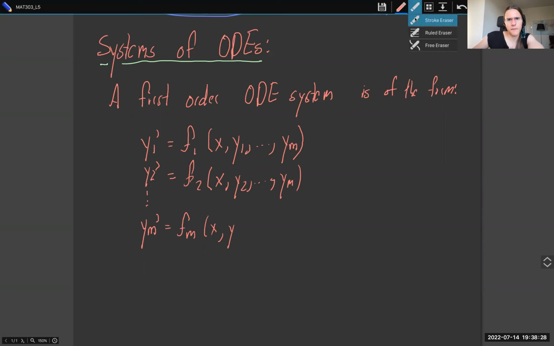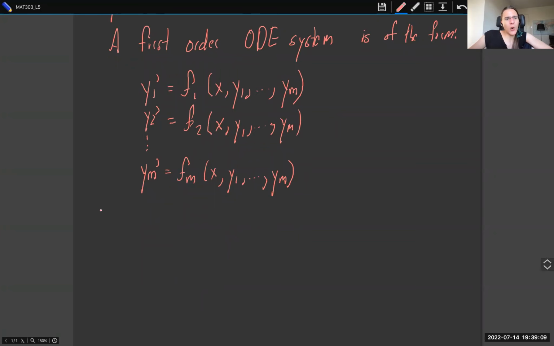And so in general, you can see what a higher order system would be. In a higher order system, we're going to have the same order of derivative here. Let's say it's going to be an nth order system. And then this will depend on not only the values of y1 through ym, but also their derivatives up to one less than the order of the system. But in reality, we're basically going to study first order ODE systems, and mostly those with constant coefficients as well.